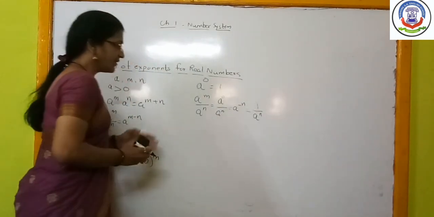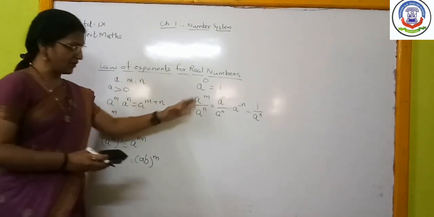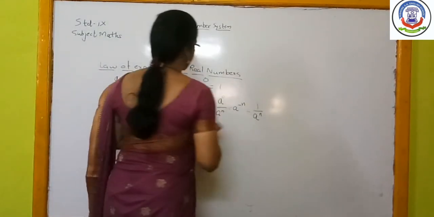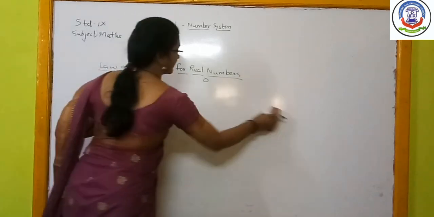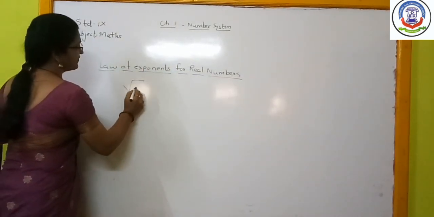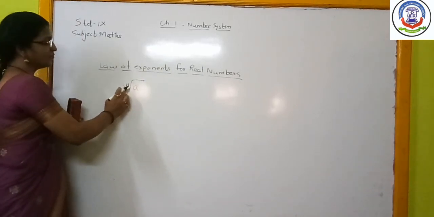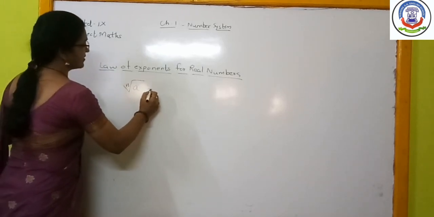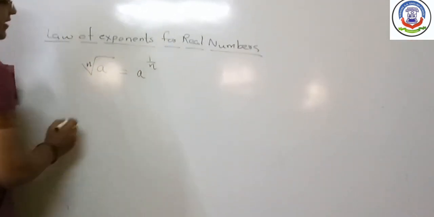So now we will further extend the law of exponents to negative exponents. In our previous session we studied that if we want to find the nth root of a, it can be written as a^(1/n).